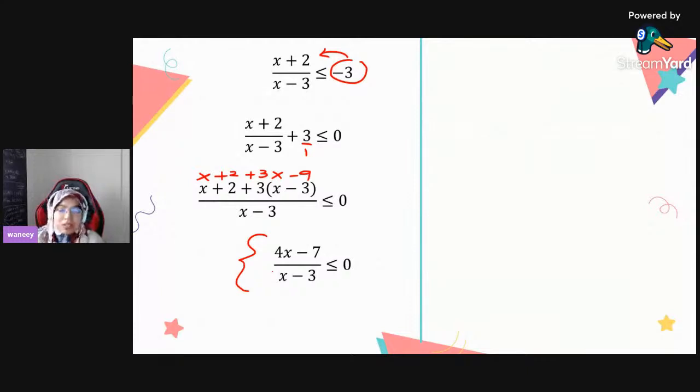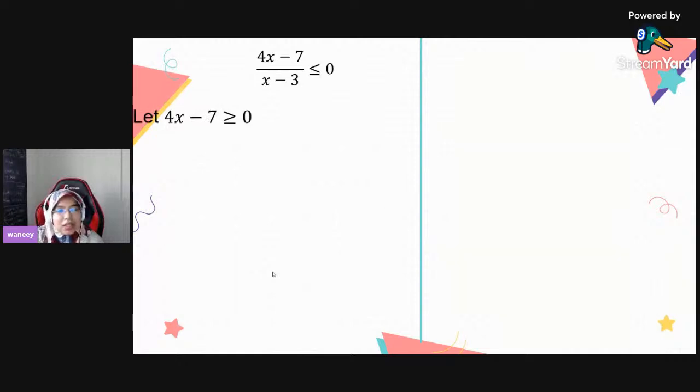Therefore, I'm going to use the real number line. Okay, so now take the numerator to be greater than or equal to 0. So for our numerator over here, we have the equal sign because in our question, we actually have an equal sign over here. Okay, so with x as the subject, x will be greater than or equal to 7 over 4.